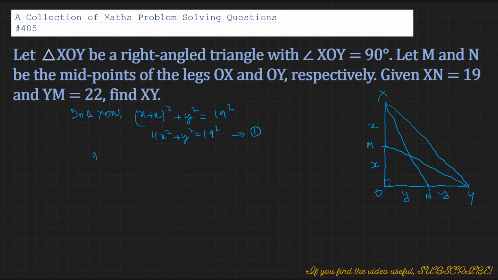Next we can say in triangle MOY, what we have is x square plus (2y) whole square equals 22 square.